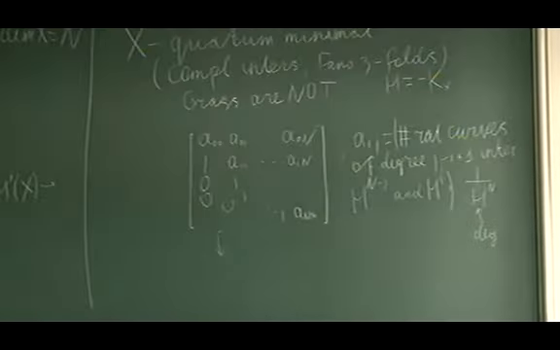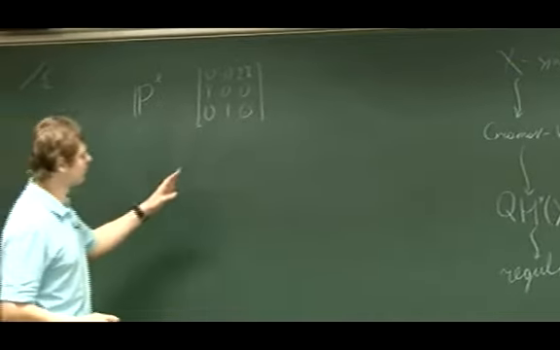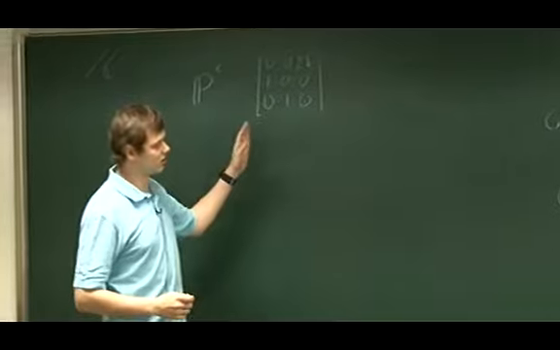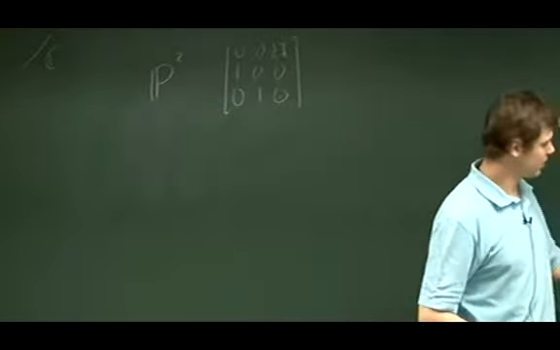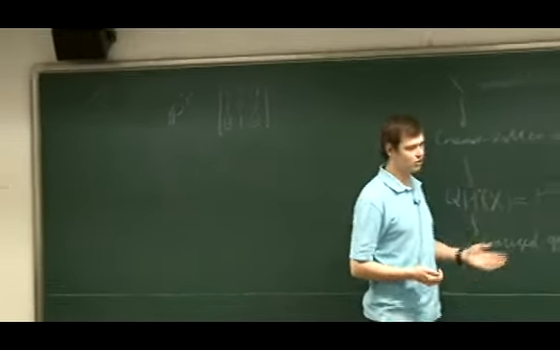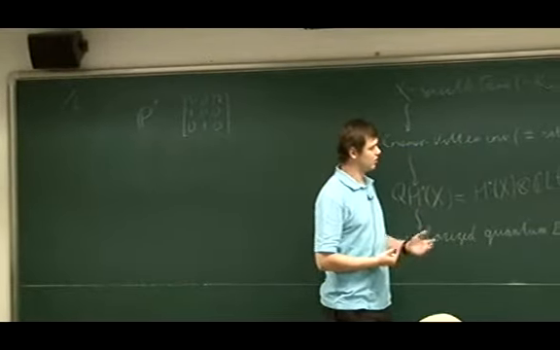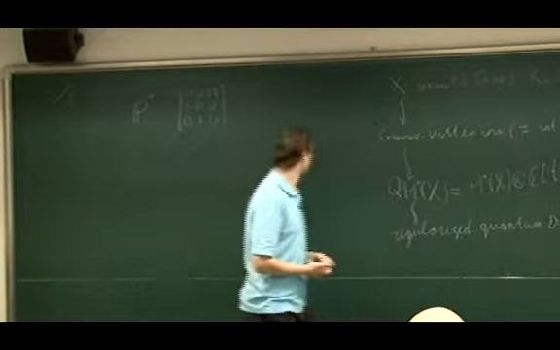Let us do it in this case. The informal meaning of this matrix is just the matrix of quantum multiplication by the canonical class in the natural basis, degrees of the canonical class.